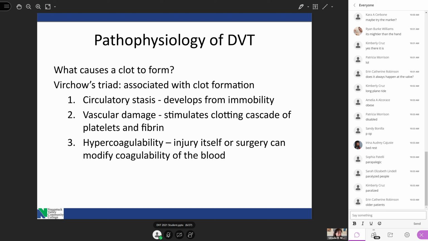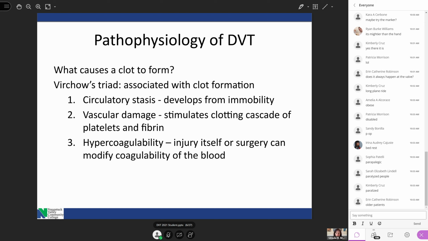Now, if you fall, a patient falls, anybody falls, and you hit your leg or you hit your vein bad enough, you can cause some damage and you can get a DVT from that, believe it or not. So this is another cause of a DVT. The third cause is certain conditions put you at a state of hypercoagulability.